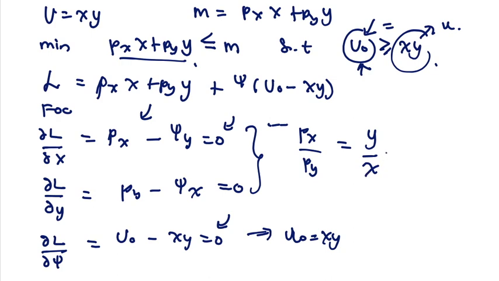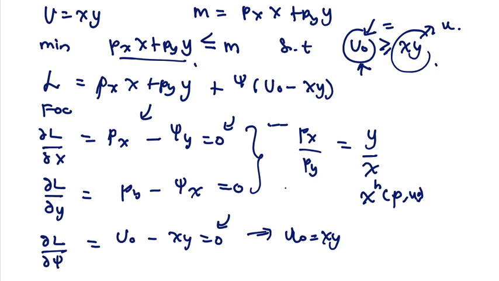Okay, so in order to find the Hicksian demand function for good x and y, you're going to arrive at this solution. The Hicksian demand function is a function of prices and a given utility, so call it u naught.